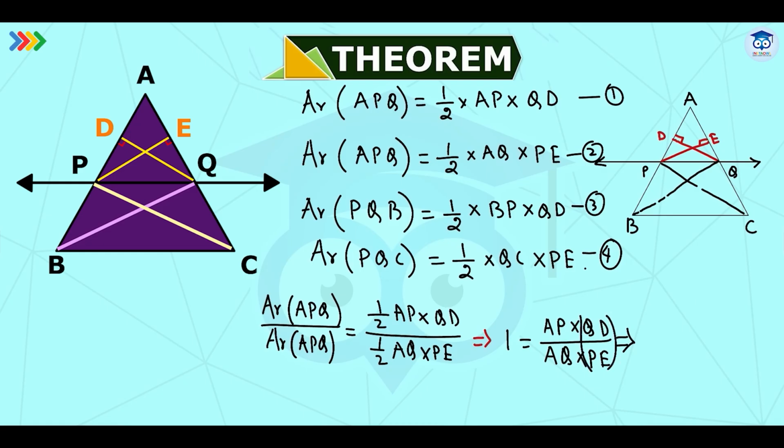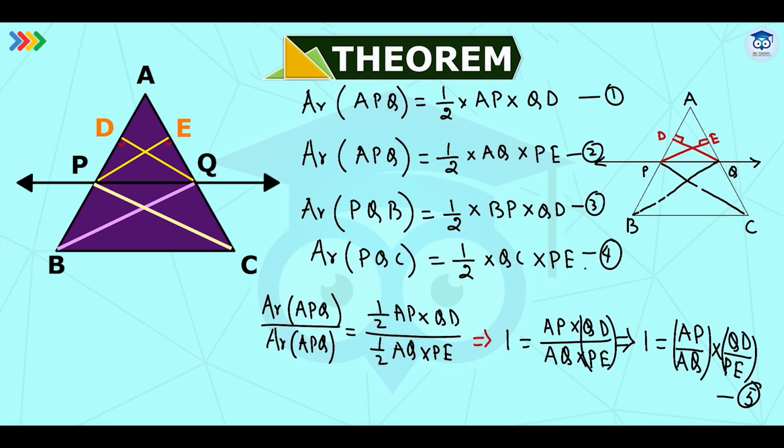Now we can separate this: 1 is equal to AP upon AQ into QD upon PE. So this means what? They are reciprocal to each other. So now we have the fifth equation.